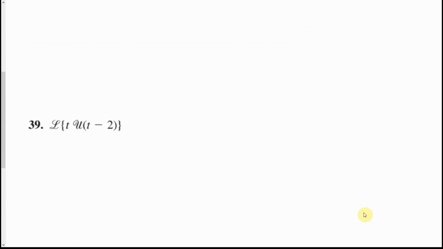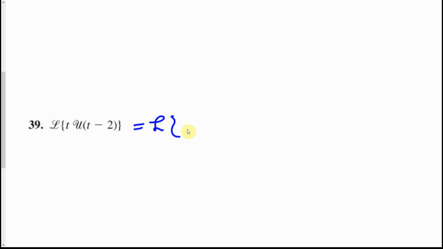Now, the definition for the Laplace transform of the unit step calls for this translation. If I'm looking for the unit step of t minus 2, then I need to be able to see the function translated as well. So I don't see that, so we supply it.